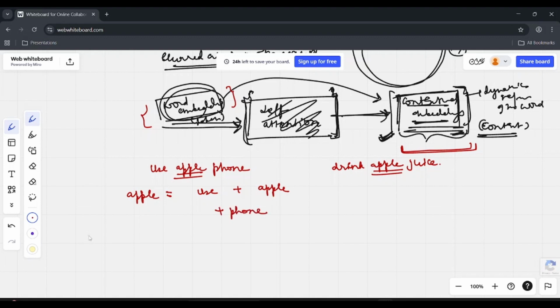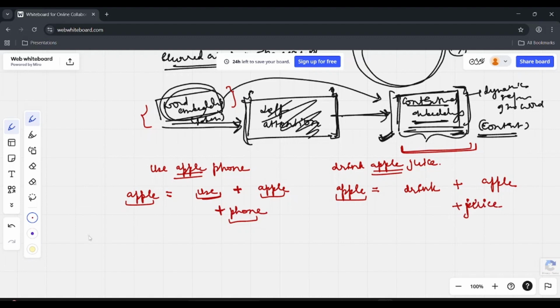So if I have to represent apple, then it would be the word use, then apple, then phone, and we add them all up. Similarly, for the second sentence, I take all the words in the sentence, including juice.